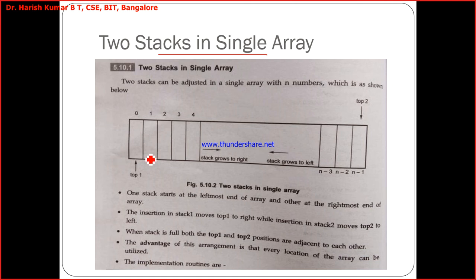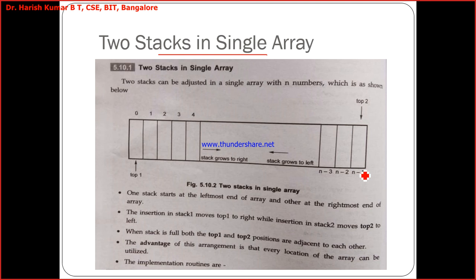Okay. So for one stack, the top value is initialized to 0, and for the other stack, the top value is initialized to n minus 1. The stack whose top is initialized to n minus 1 grows from right to left, and the stack whose top is initialized to 0 grows from left to right.